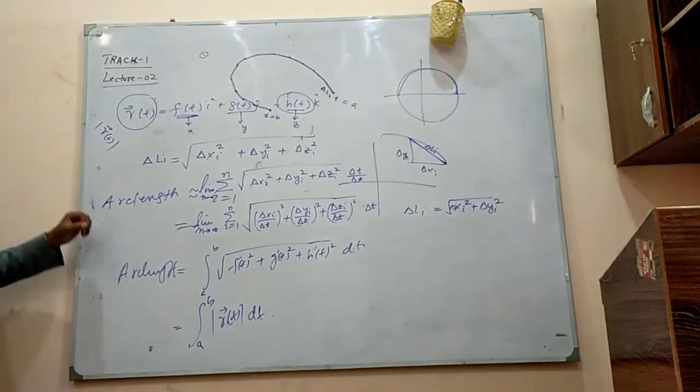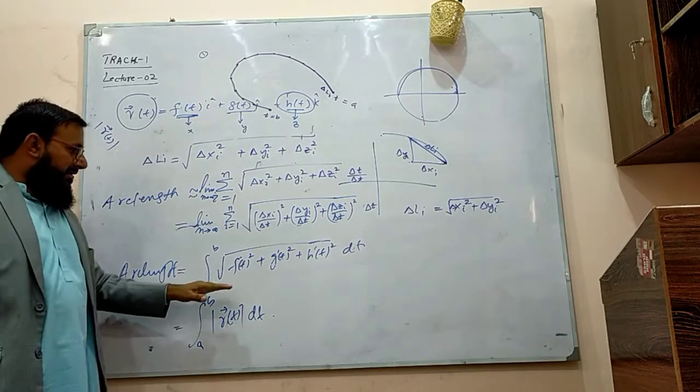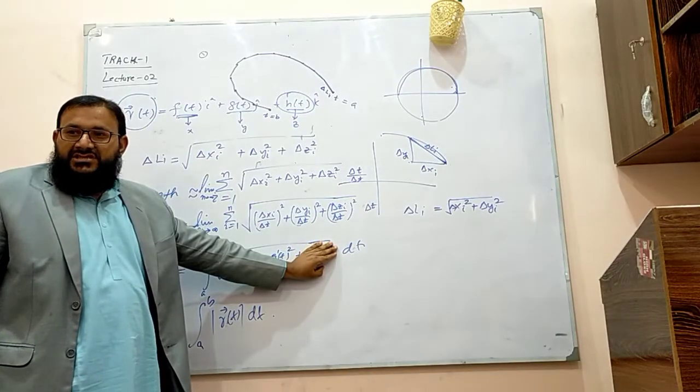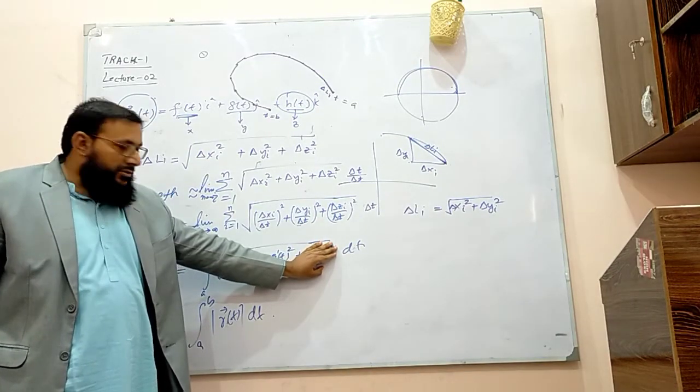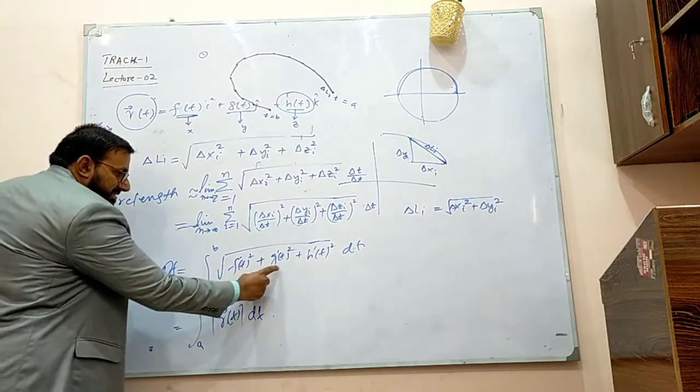The radical of 1 plus dx by dt whole square dt, yes, it is there. Same thing. If I remove this, then this becomes a 2D curve. Now this is f prime of t, this is g prime of t.